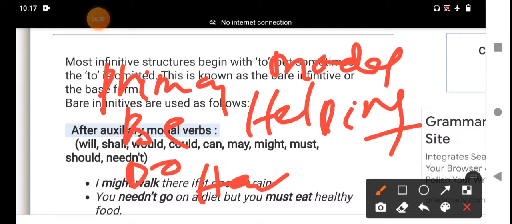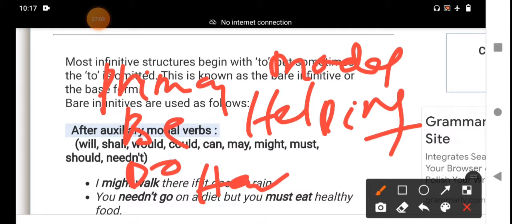These are also called helping verbs. The students should understand that auxiliary verbs are broadly divided into only two kinds: primary auxiliaries and modal auxiliaries.